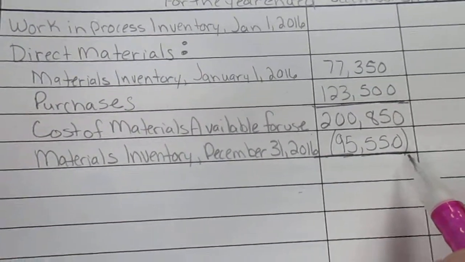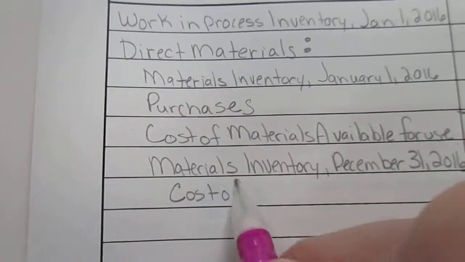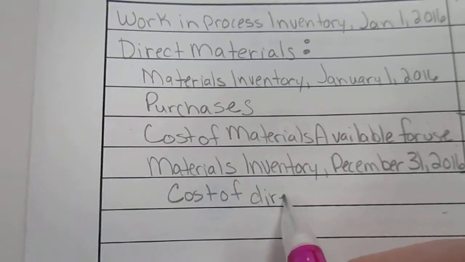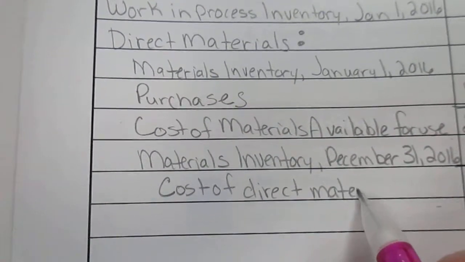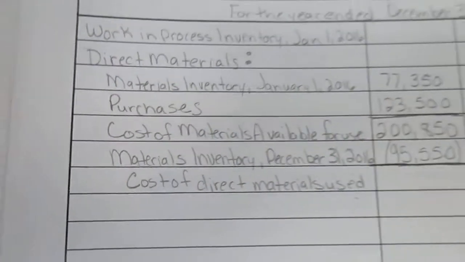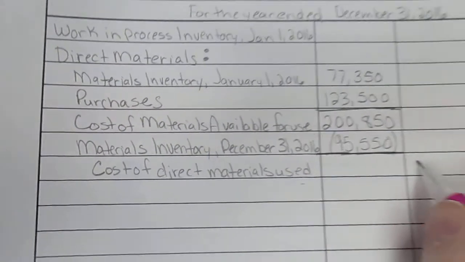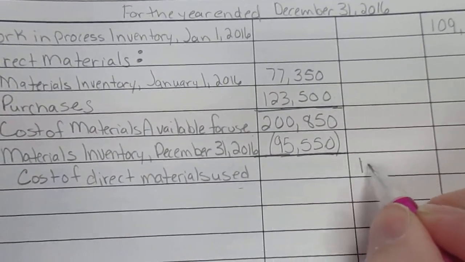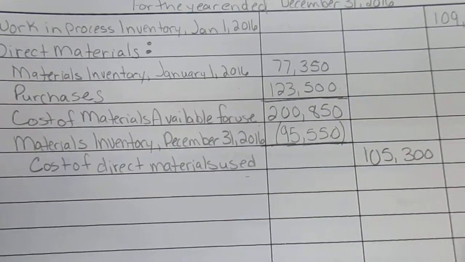This is going to tell me my cost of direct materials used throughout the year. Again, I'm going to subtract these two numbers, and I'm going to put the total over here in the middle because that's where we need it for our next math problem. And that's 105,300.